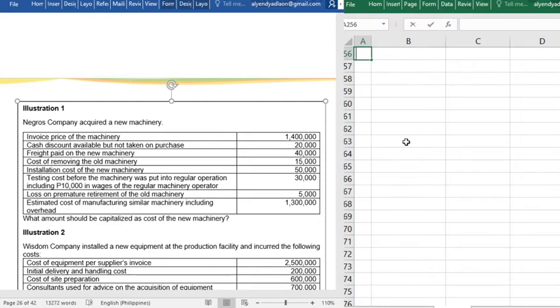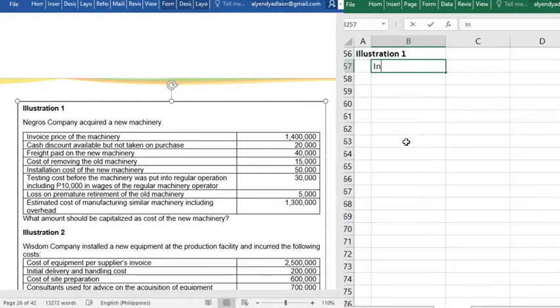Question: what amount should be capitalized as cost of machinery? So what are we going to consider? These are the ones mentioned above, or those that are directly attributable costs of the machinery aside from its purchase price.